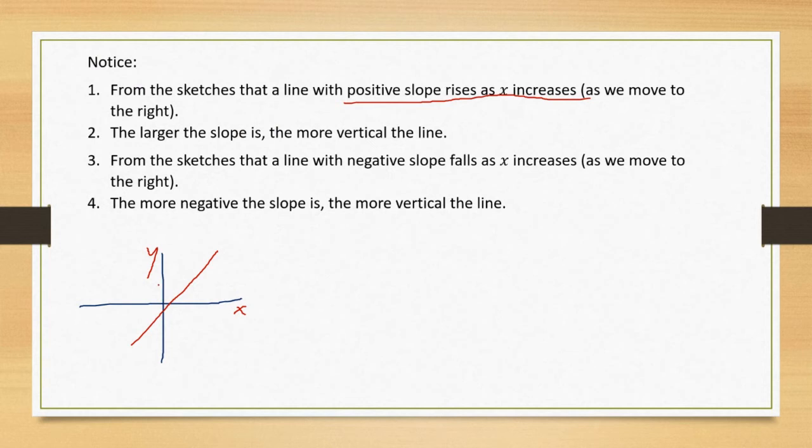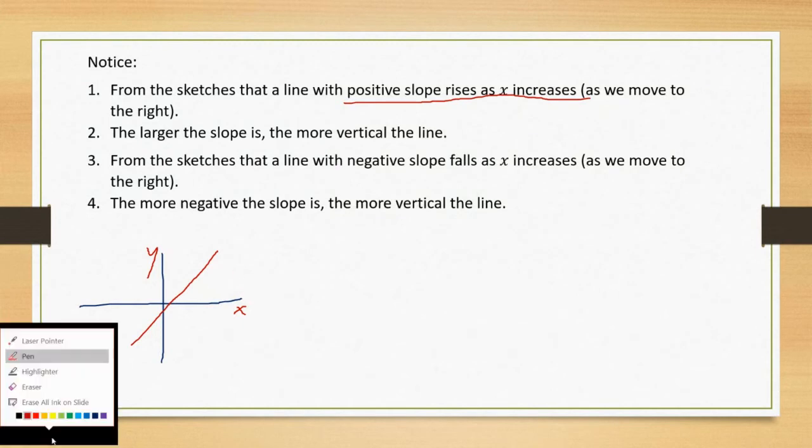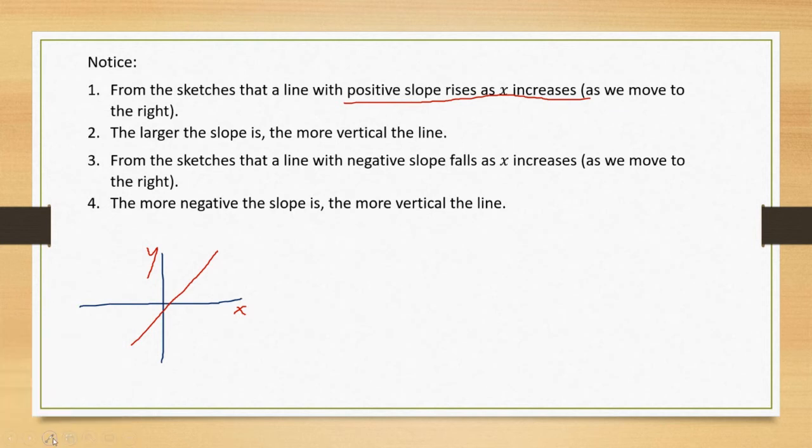And from the previous sketches, the larger the slope is, meaning the bigger it is, the more vertical the line is, the steeper it is. And the third case is kind of similar.